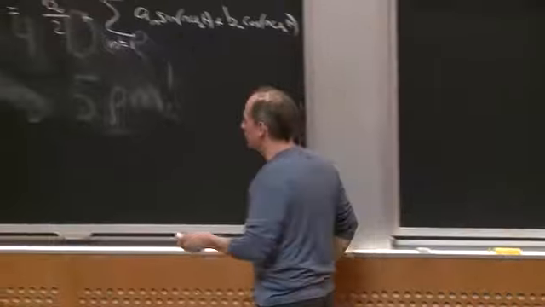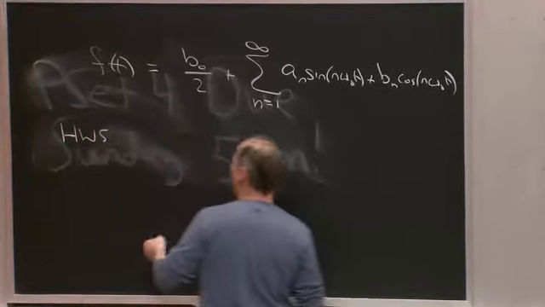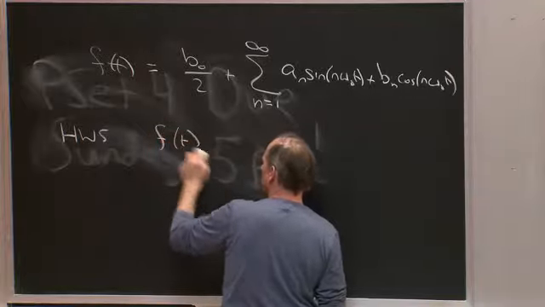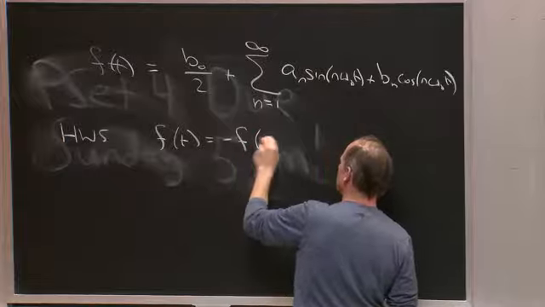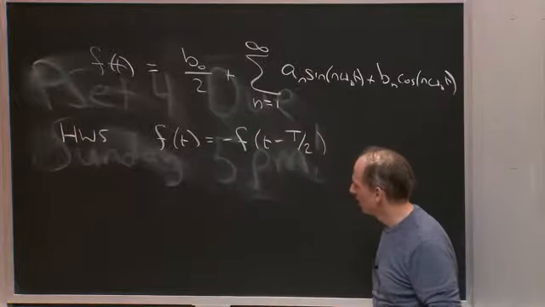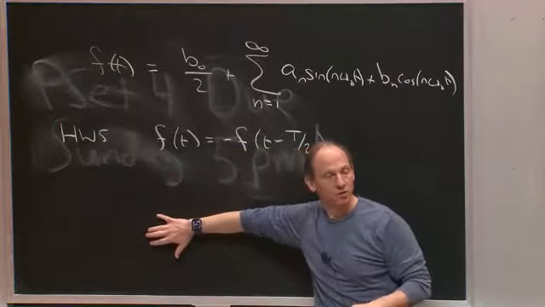What does half-wave symmetry mean? A half-wave symmetric waveform means that f of t is equal to minus f of t minus T over 2, where T is the period. Okay, that means if I go back half of a cycle, the waveform's flipped.